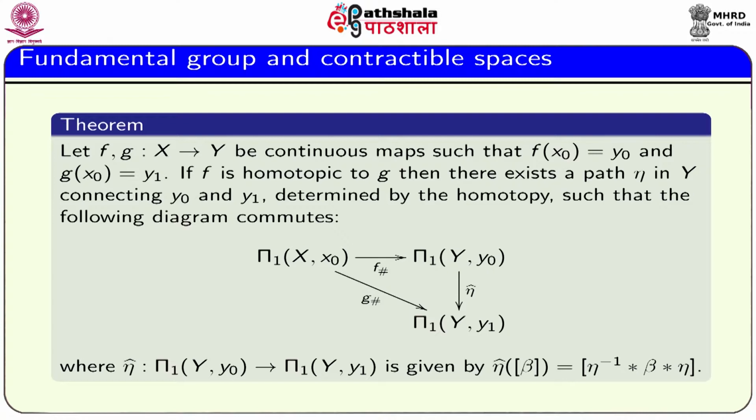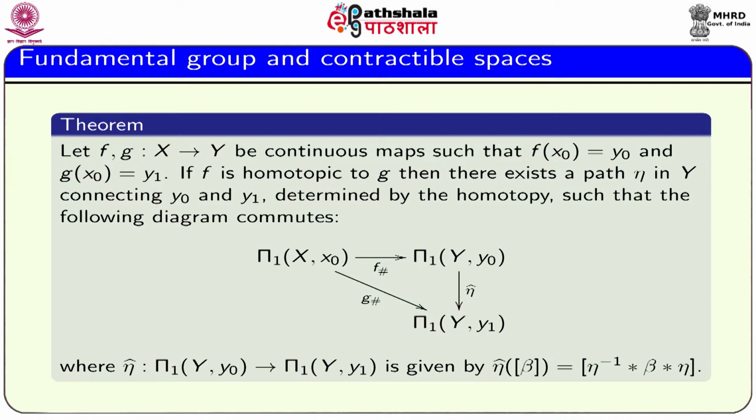That is, a point x0 of X is mapped to two different points of Y via the maps f and g. If f is homotopic to g, then the theorem says that there exists a path eta in Y connecting y0 and y1, determined by the homotopy, such that the following diagram commutes.